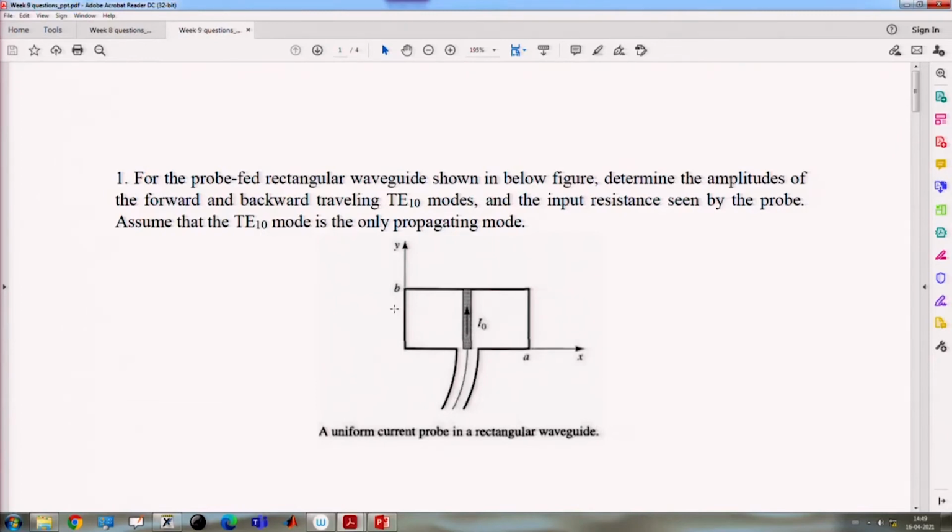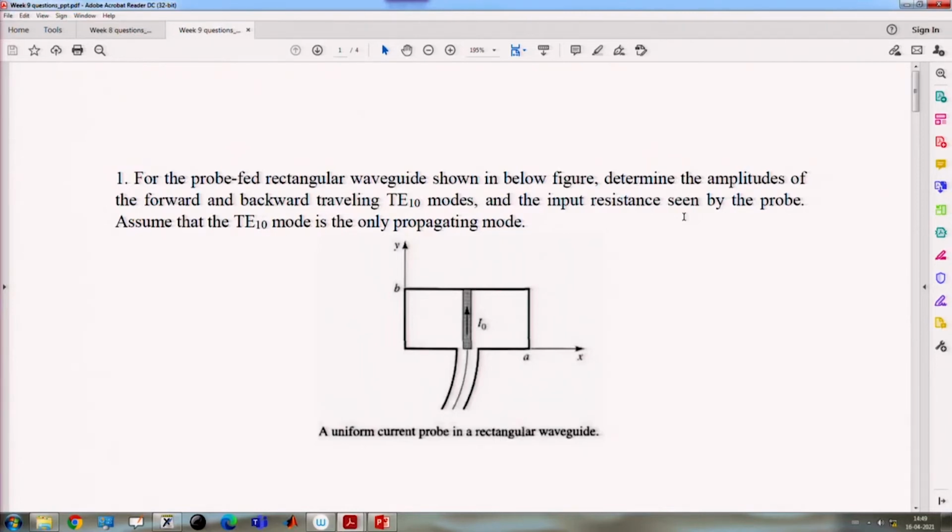Determine the amplitude of the forward and backward travelling TE10 mode, and the input resistance seen by the probe.